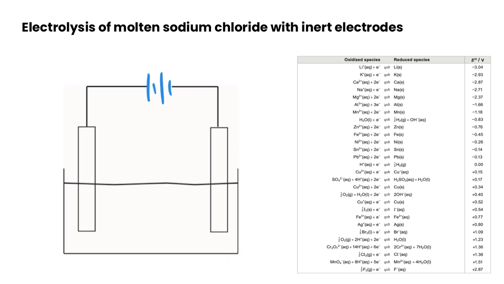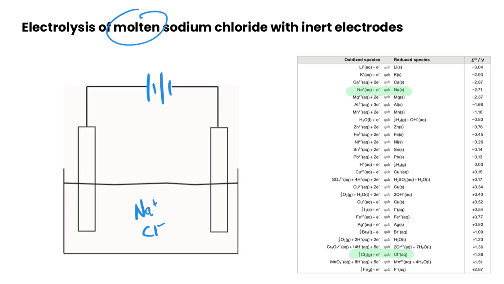We're going to look at the electrolysis of molten sodium chloride with inert electrodes. What that means is we have sodium ions and chloride ions in our electrolyte, and that's all we are considering here. When we take a look at the redox potentials for those particular things, let's find chlorine down here, and our sodium is up here.